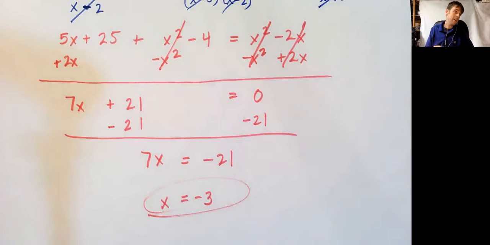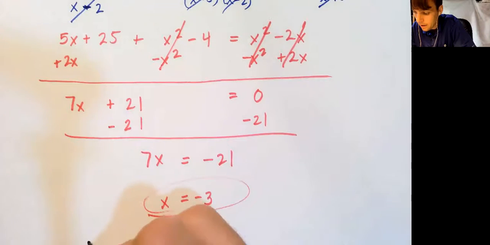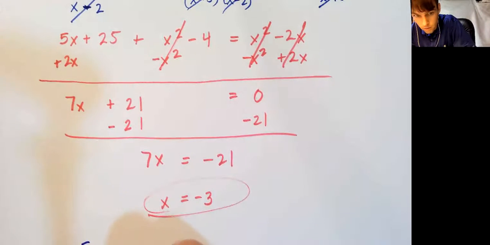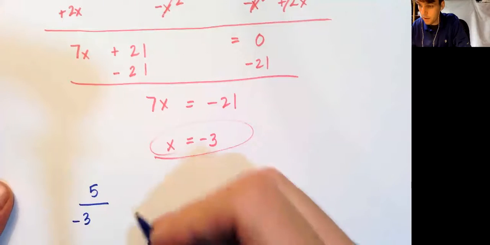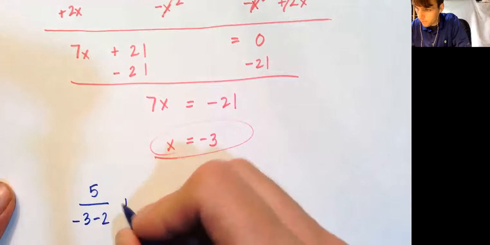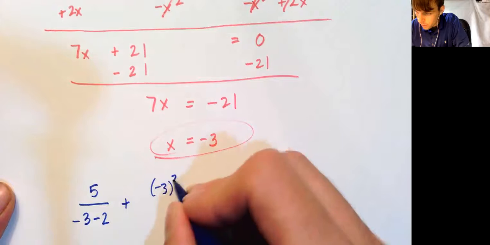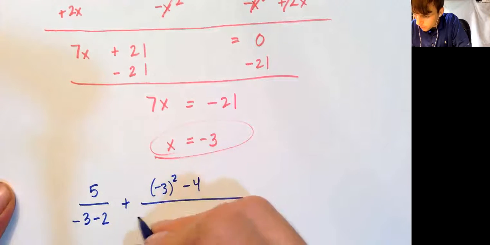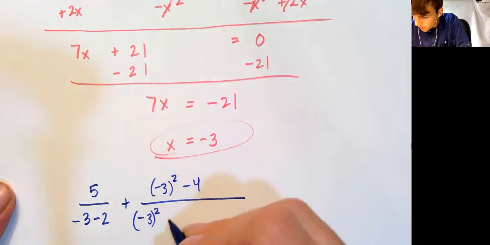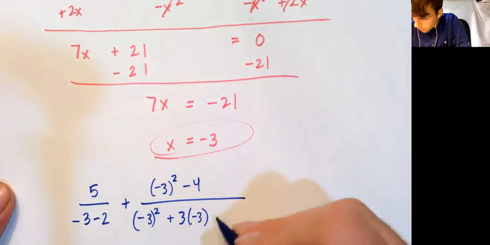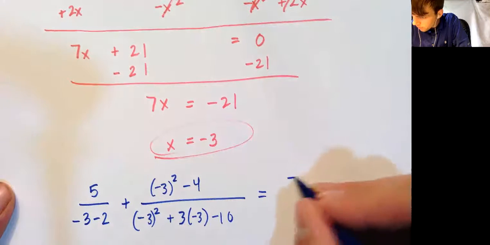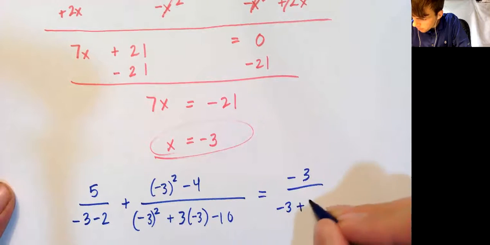Whew, I am supposed to go back and plug this into the original problem. As you notice, they kind of got harder with that process. So this one is even going to be trickier. So I'm going to plug it in and see what I get. I'm going to write it all out here. Negative 3 minus 2. Whew.